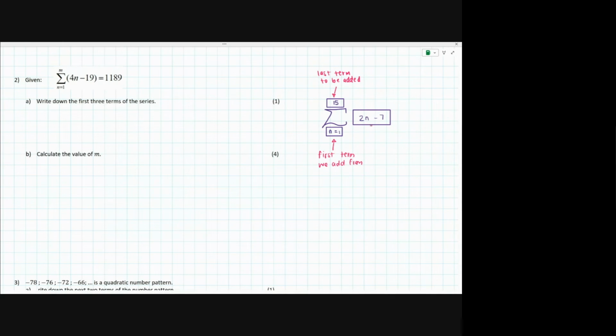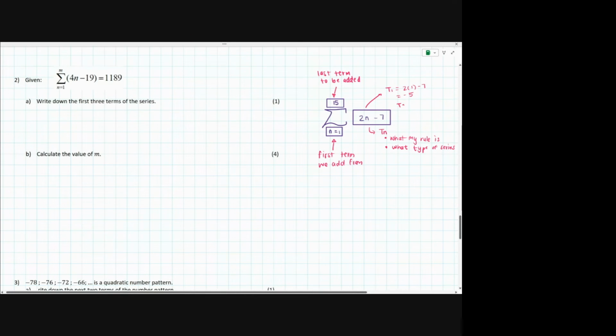The next little bit we have is our Tn formula. What this tells me is what my rule is and what type of series I'm working with. Is it geometric? Is it arithmetic? Now, this is useful to me because it allows me to work out different terms. So, for example, because I know what this rule is, I know that term 1 is equal to 2 times 1 minus 7, which is negative 5.